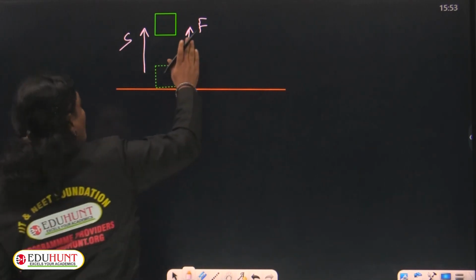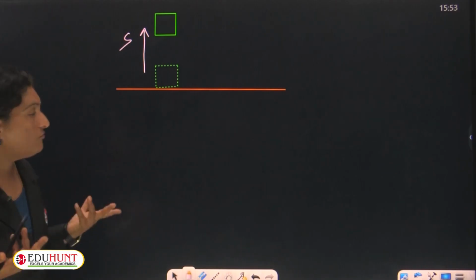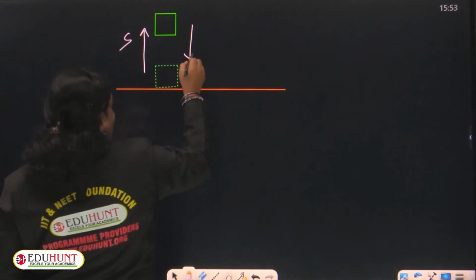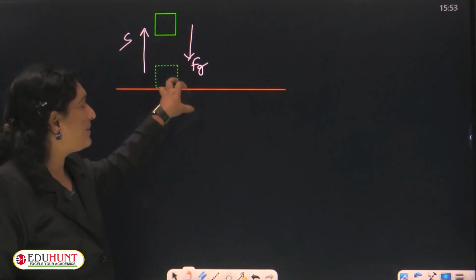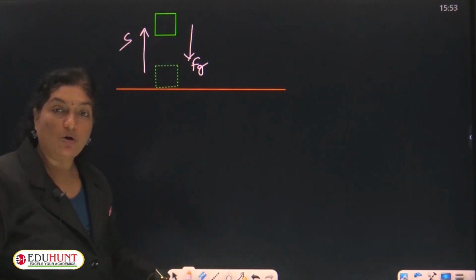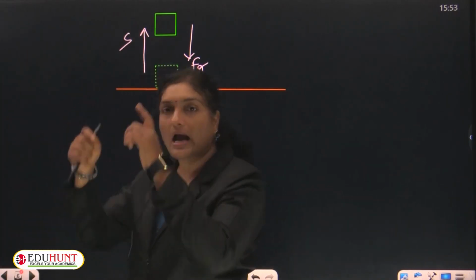But instead of the applied force, if you consider the force due to gravity, we know that gravitational force will always be acting downwards. But because of the applied force, the body is pulled upwards.